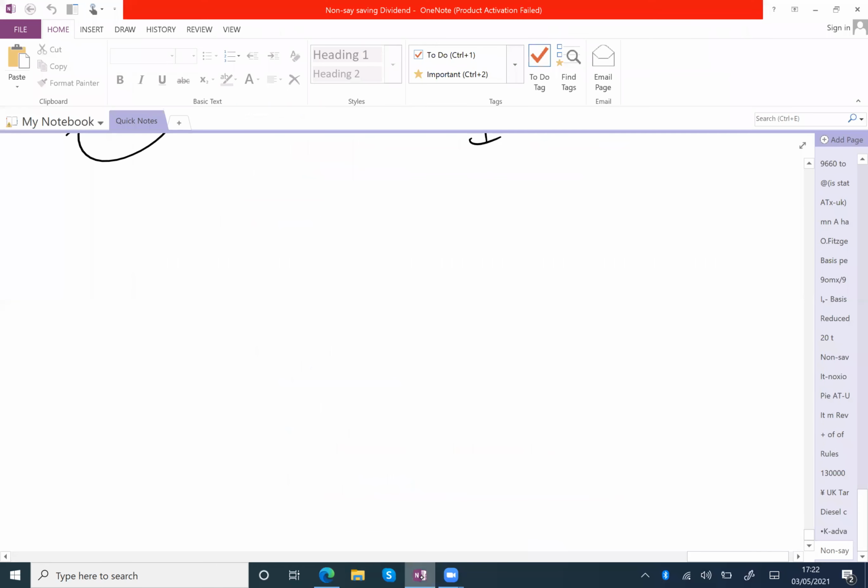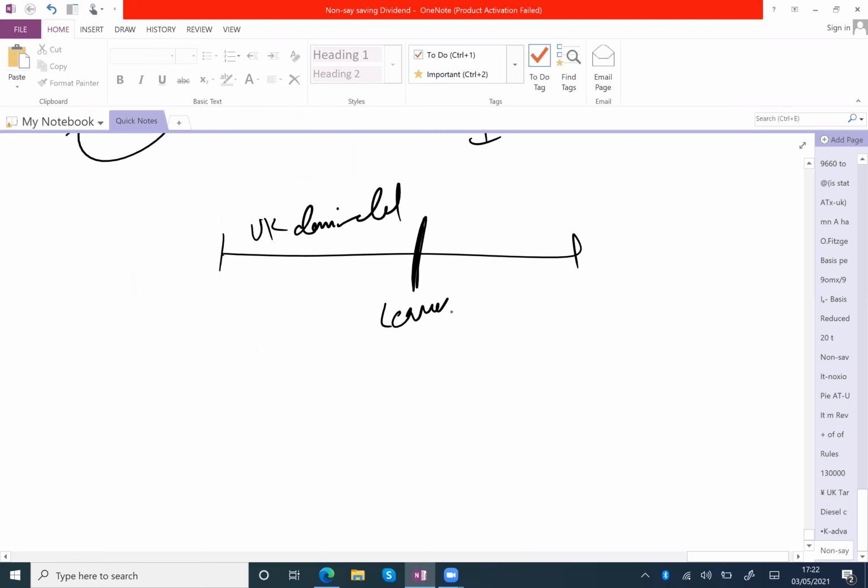Means, for example, here you are UK domiciled, and on this date you are leaving the UK. So when you left, but for the coming 3 years, you will be considered as deemed domicile of UK. However you left, you will be considered deemed domicile of UK for the coming 3 years. So this is the first situation.